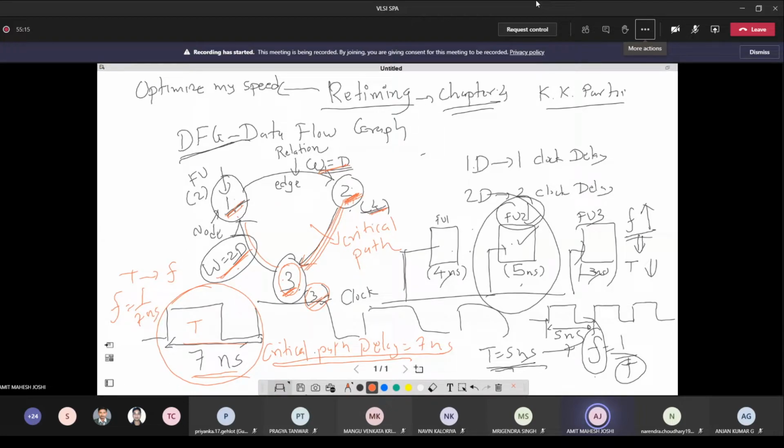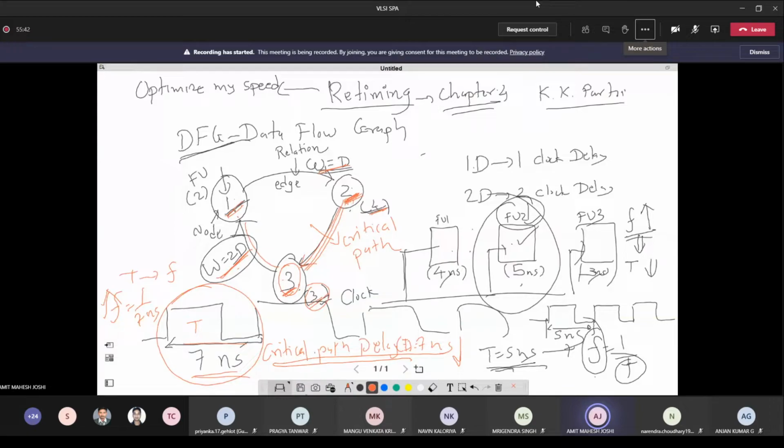Now if I want to improve my frequency, that means increase my frequency, I need to reduce this critical path value, that is T. If somehow this value I can bring back from 7 to 6, 5, 4, 3, then my frequency would be increased.